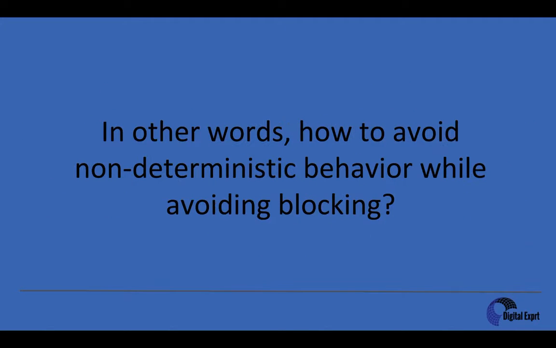So in other words, we need to figure out whether we can avoid non-deterministic behavior while at the same time avoiding blocking, which seems quite a challenge. The solution doesn't seem to be forthcoming in a straightforward fashion.